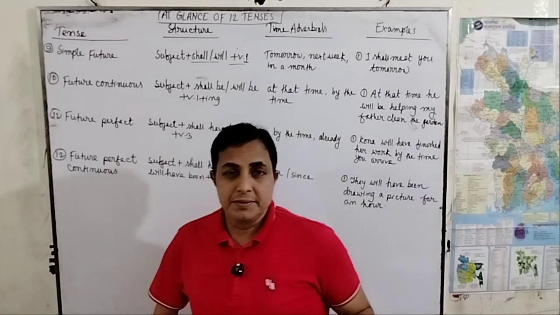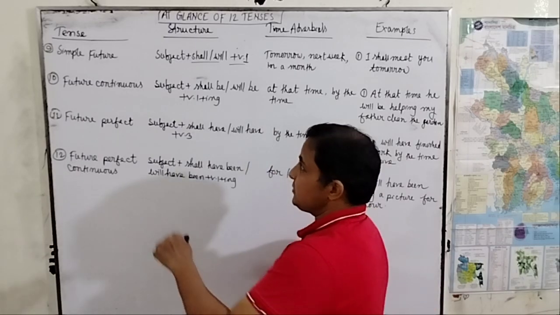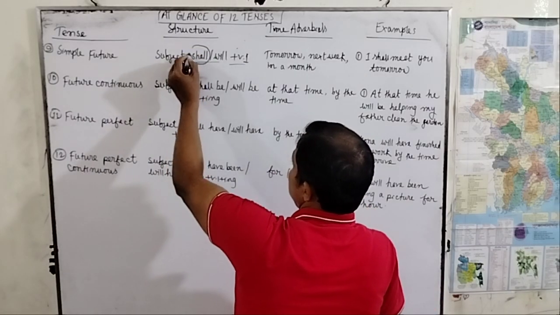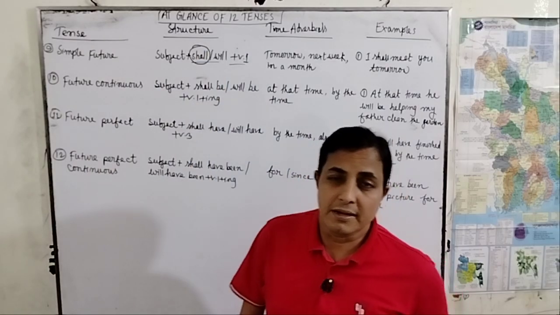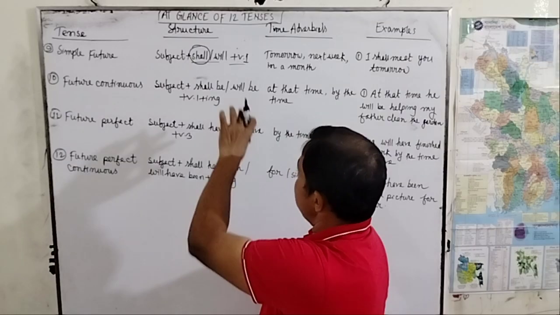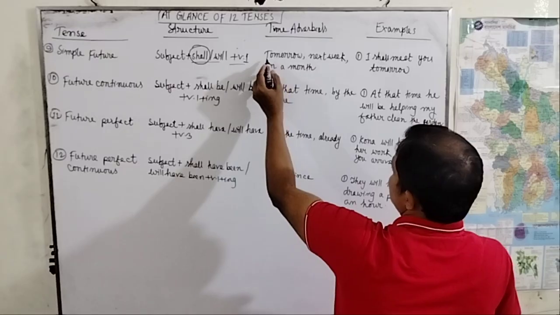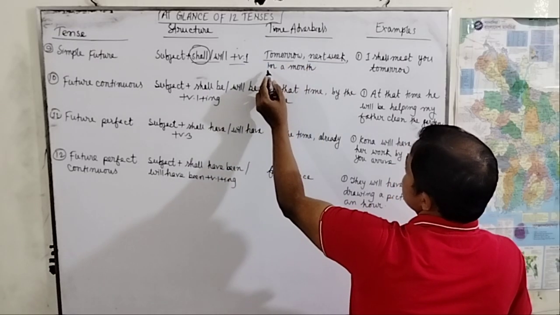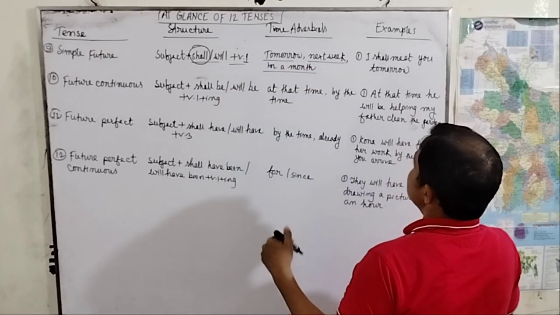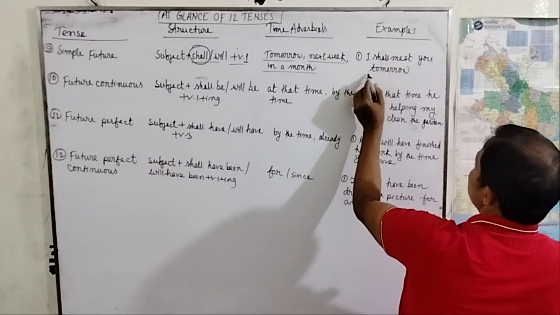Firstly, I would like to make clear that after first person you have to use the auxiliary verb shall, and other persons must take will. And the time adverbials: tomorrow, next week, next month, in a month, and such. Example: I shall meet you tomorrow.